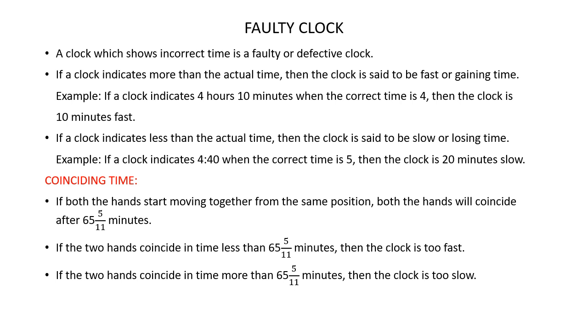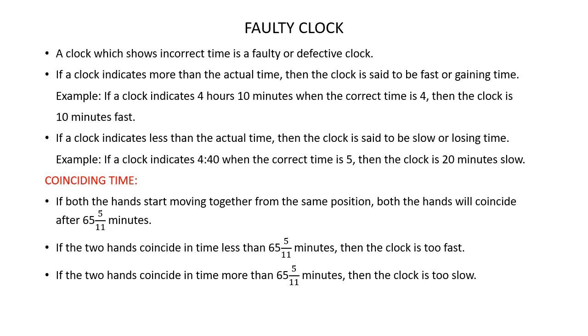If a clock indicates less than the actual time, then the clock is said to be slow or losing time. For example, if a clock indicates 4:40 when the correct time is 5 o'clock, then the clock is 20 minutes slow.